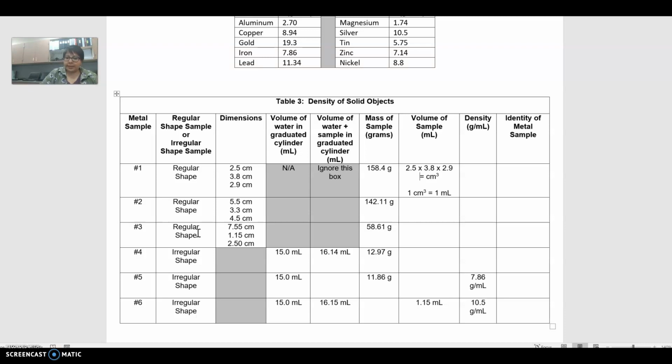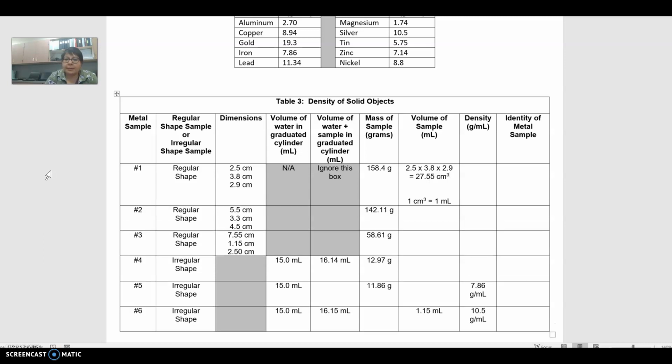Then my exact answer is 27.55 centimeters cubed. Oops, I put it in the wrong place. 27.55 centimeters cubed. That's the same thing as 27.55 mLs. So centimeters cubed or mLs, exactly the same thing. There's no conversion between them.